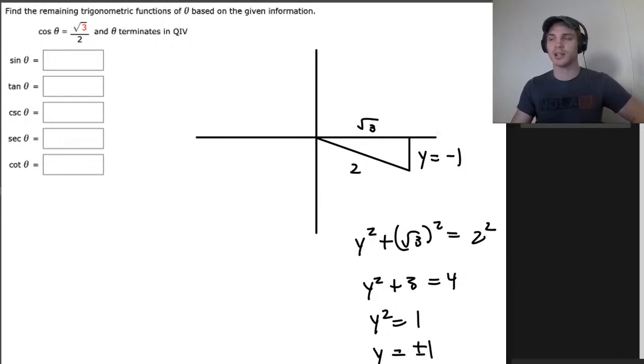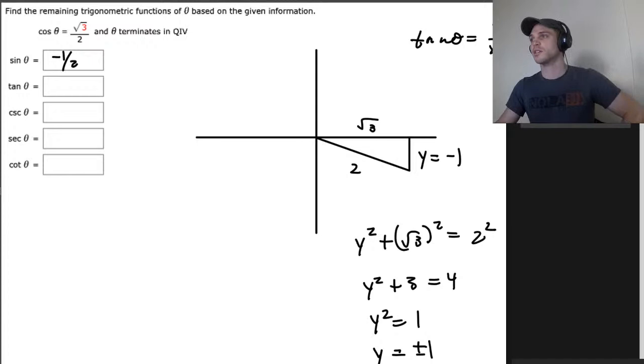So sine is going to be the y over the hypotenuse, so it's negative 1/2. And the tangent is the y over the x, so tangent of theta is negative 1 over root 3. But we need to rationalize this, so I'm going to multiply by root 3 over root 3. That gives me negative root 3 over 3.